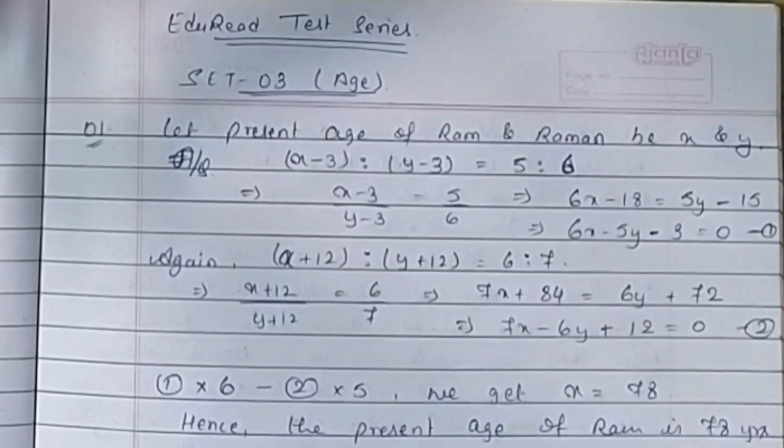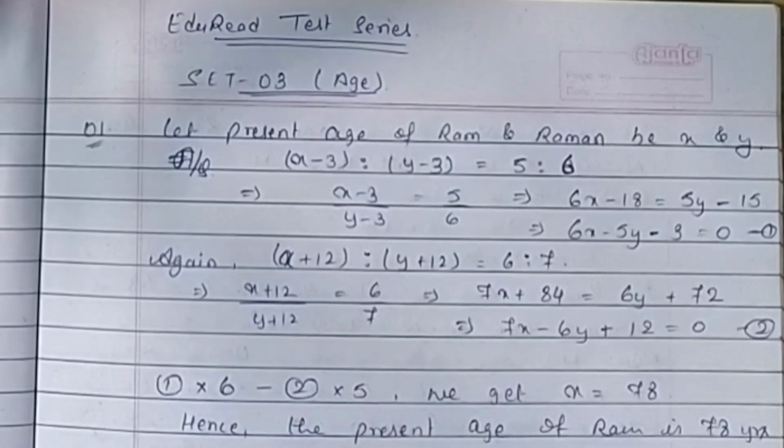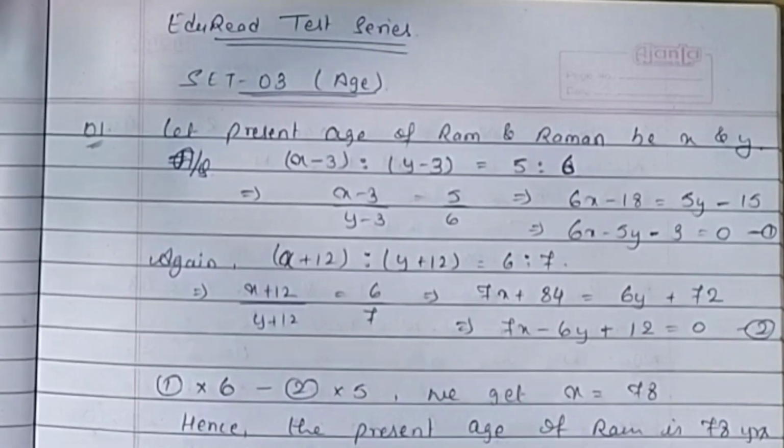Basically in this question, two people are given, Ram and Raman. 3 years ago the ratio of their ages was 5:6, and after 12 years the ratio of their ages becomes 6:7. So by using this data we have to find the present age of Ram.